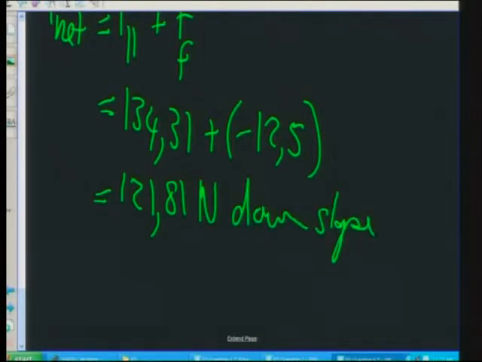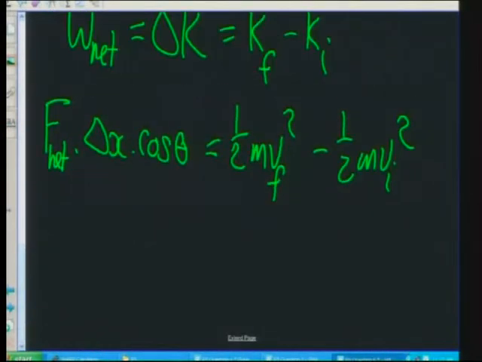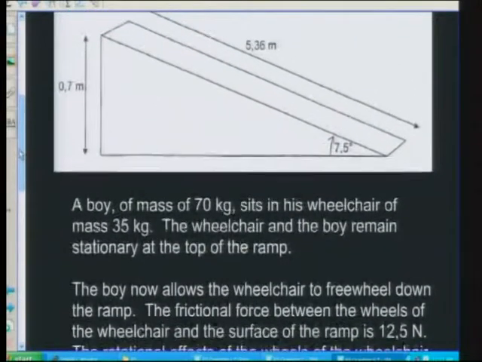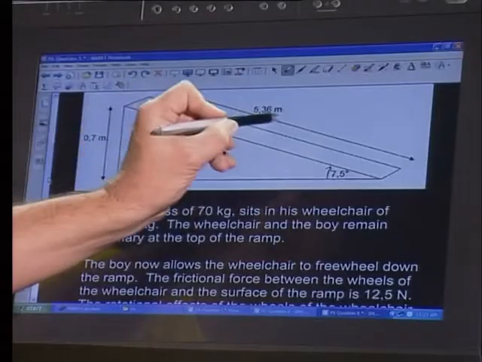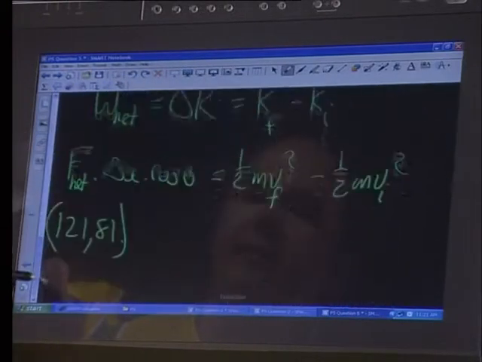And now it's really easy because I've got the resultant force, and I'm now going to use that over here. So it was 121,81 times, put it in brackets so that we don't get confused, times this distance, the distance that it's moving down the slope, 5,36.